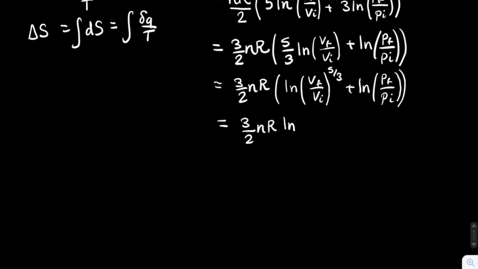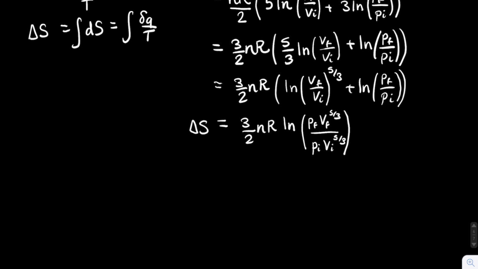What happens when we use the additive rule? Well, we multiply these terms together. So we're going to get the log of Pf Vf to the 5/3 divided by Pi Vi to the 5/3. And this is almost exactly the same as what we derived before. So this is the change in entropy.